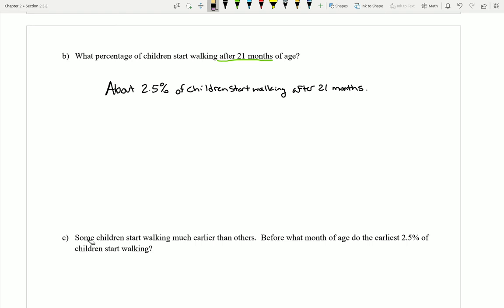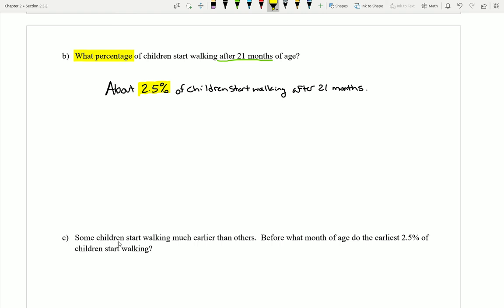But let's just at least notice first what the objective is for each of these questions. Notice that up above, we were really asked what percentage, right? That was the goal. What percentage of kids? And so in our answer, we said about this percentage of kids start doing this, right? So we knew we were looking for a percentage.